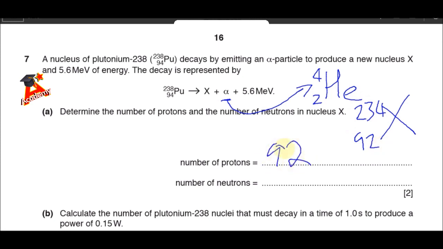Right, what about the number of neutrons? The number of neutrons is 234 minus 92 to give us 142. That's the number of neutrons.